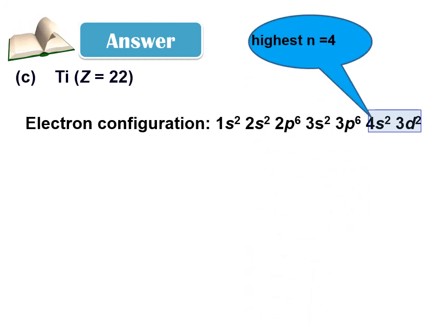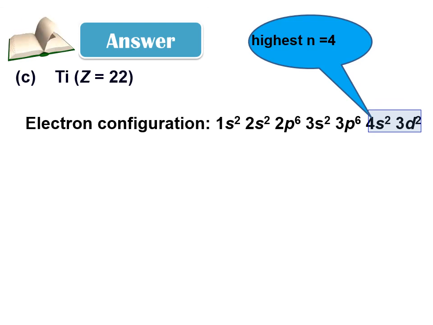So titanium is in period 4. And how about the block? The highest energy orbital is 3d. So titanium is in D block.